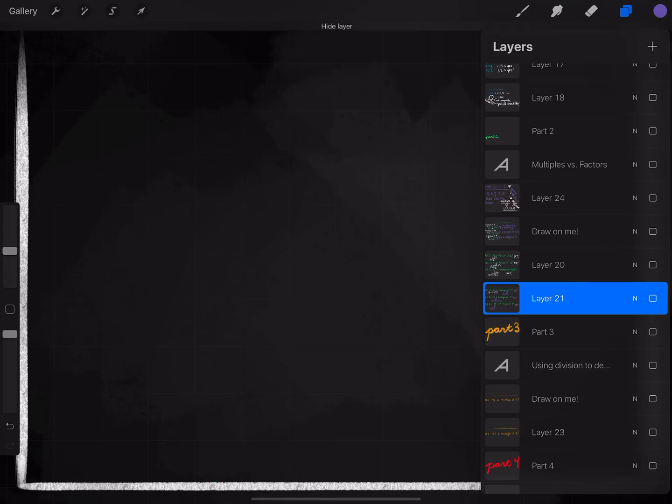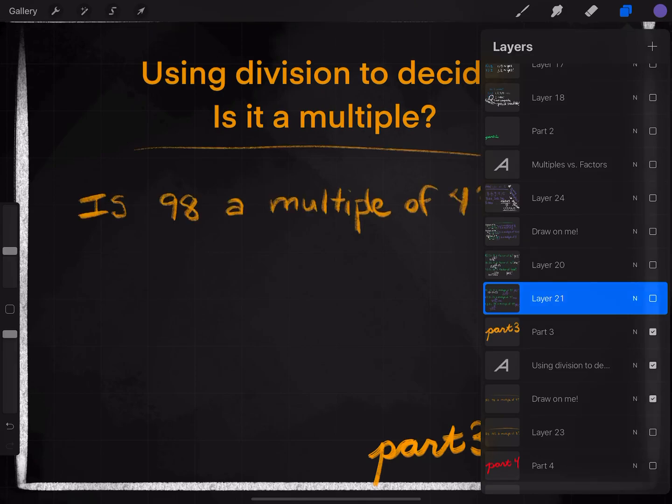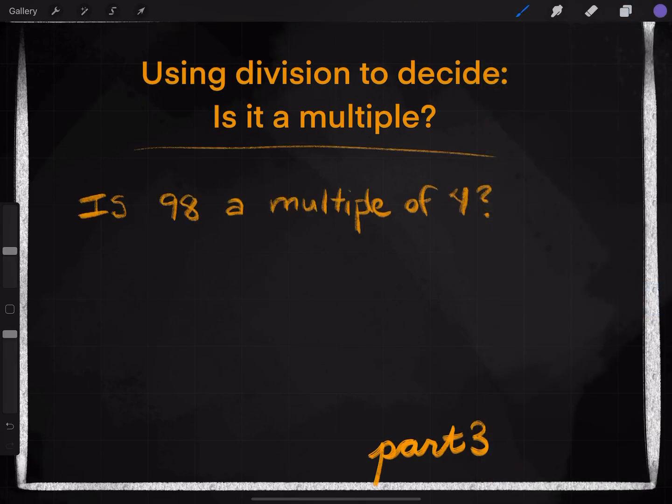All right, on to the last part here. Using division to decide, is it a multiple? Which we already did on the last page, I guess. But these are a little bit bigger numbers, so let's give them a try. Is 98 a multiple of 4?